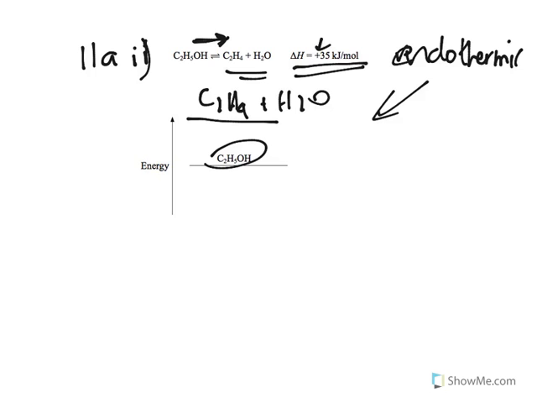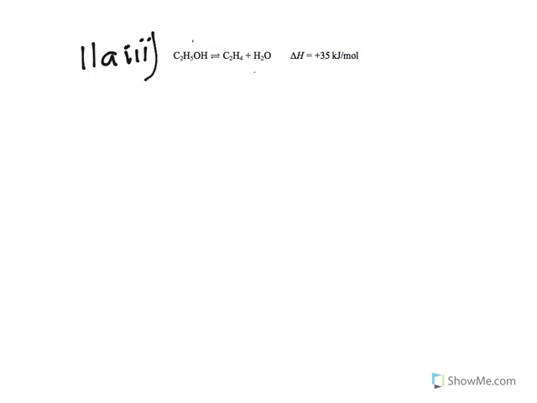Now question 11a3 is asking you to state with a reason the effect of increasing the temperature on the equilibrium yield of C2H4. First of all, we know that the forward reaction is endothermic, meaning it absorbs energy. So if the temperature is increased, there is more heat to be absorbed by the forward endothermic reaction, correct?